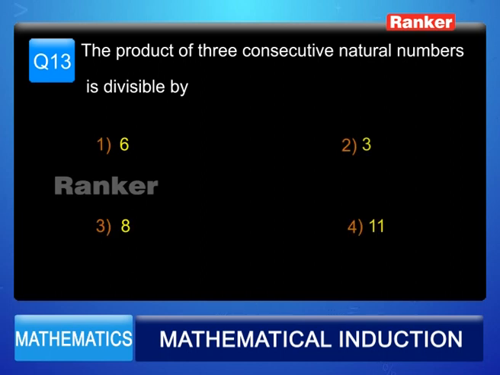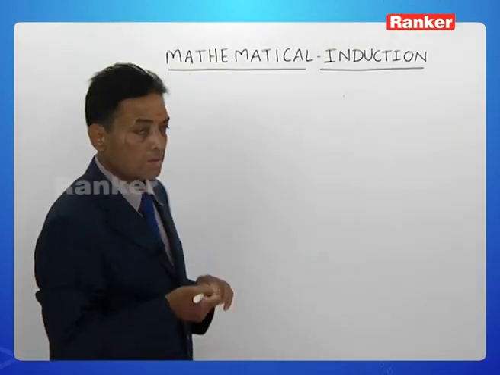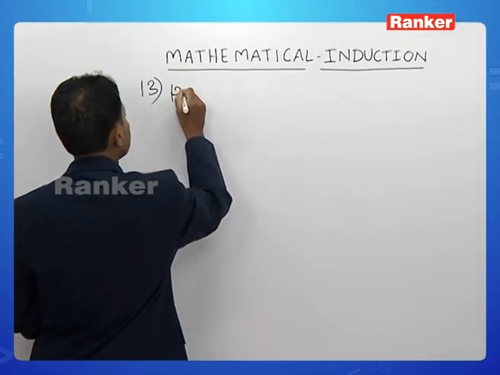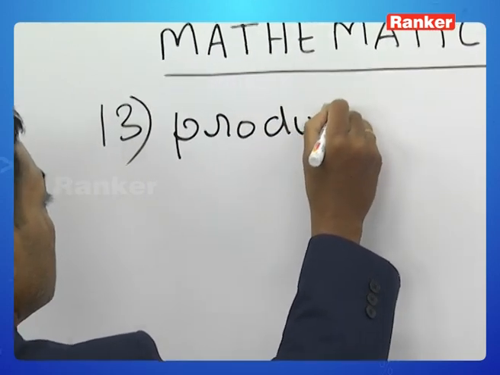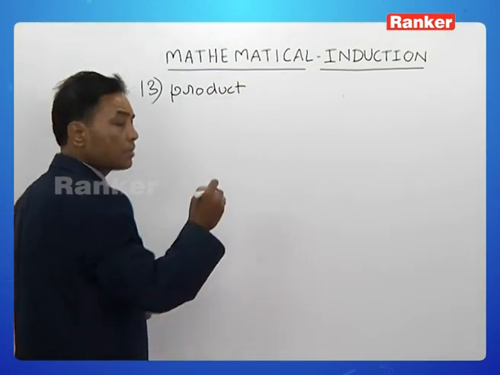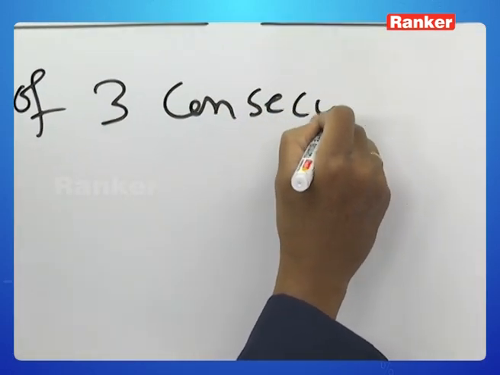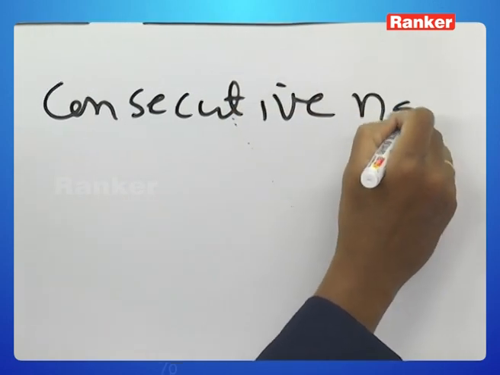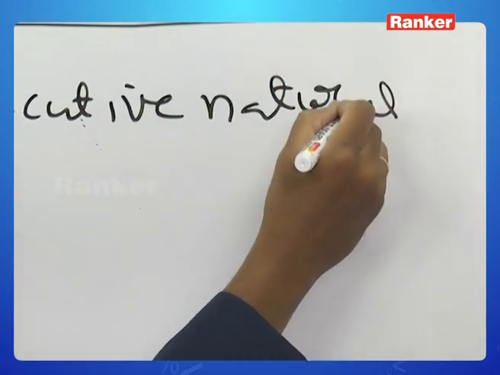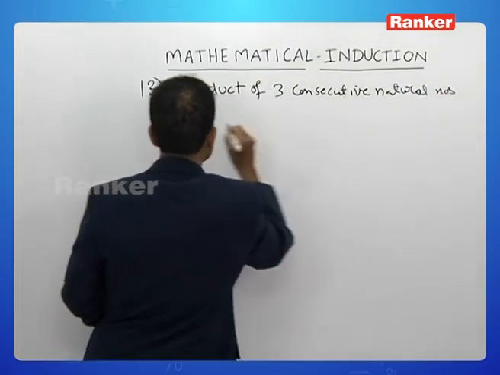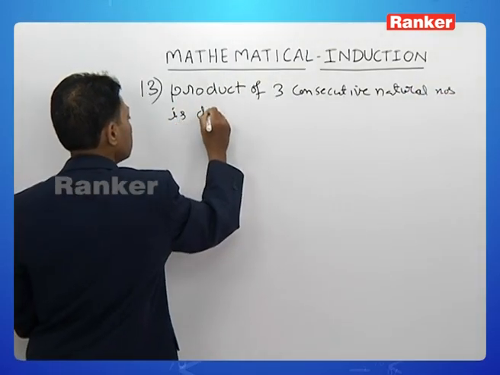Question number 13. The product of 3 consecutive natural numbers is divisible by what? First one is given 6, second one is given 3, third one is 8 and fourth one is 11. So, let us see. Product of 3 consecutive natural numbers divisible by what?